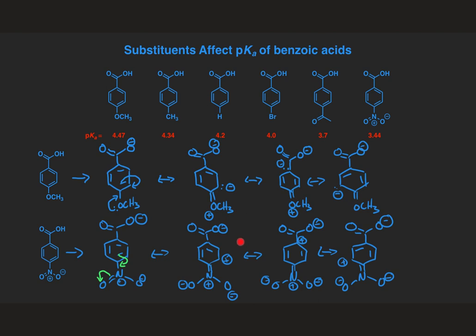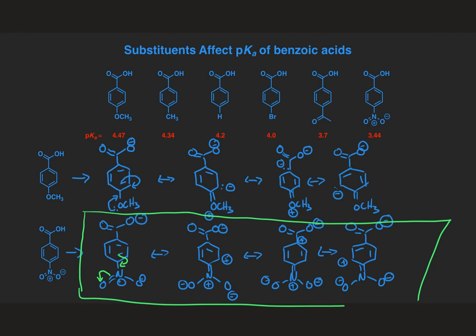These are not resonance stabilizing this negative charge up here. But if we look at the nitro group, it is inductively withdrawing electron density out of the aromatic ring. I've got a positive charge floating around inside my aromatic ring, which is inductively withdrawing electron density away from this minus charge.